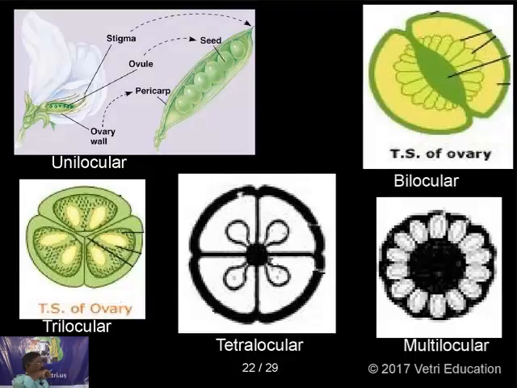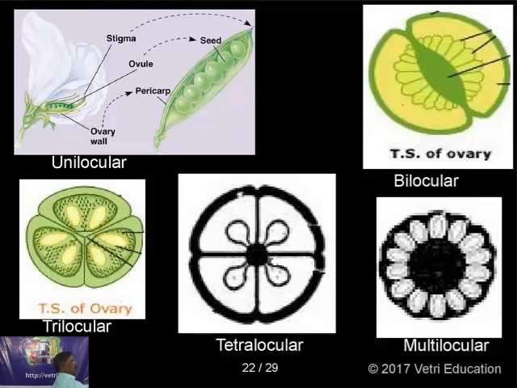So here you have excellent diagrams. The first one is a unilocular ovary where you can find only a single locule. Here bilocular, 2 rooms, 2 carpels united together. This is one carpel, this is another carpel. Here trilocular, 3 locules. Locules means rooms.